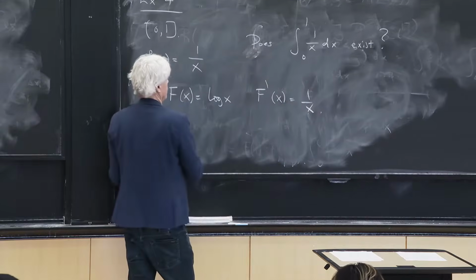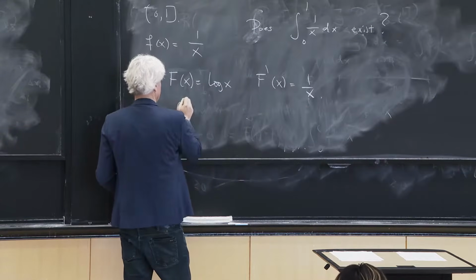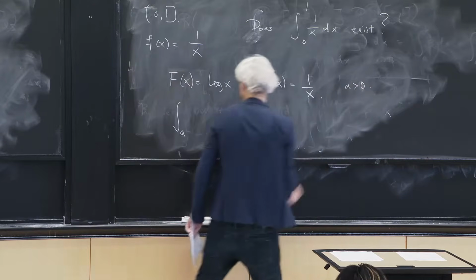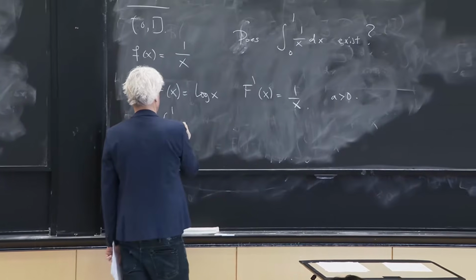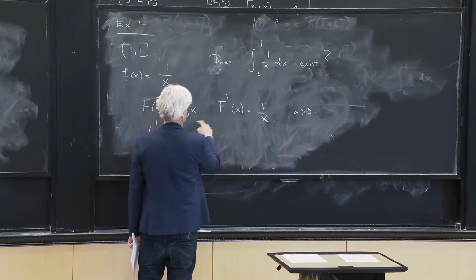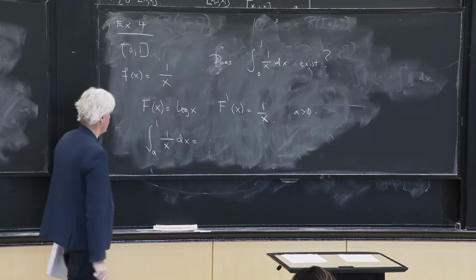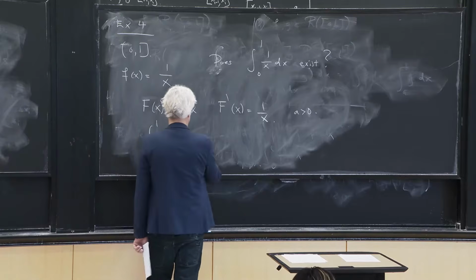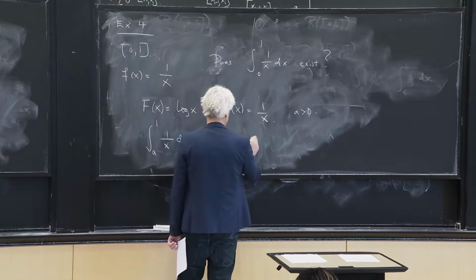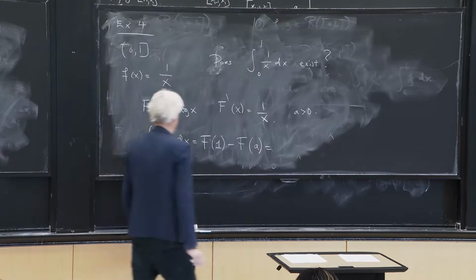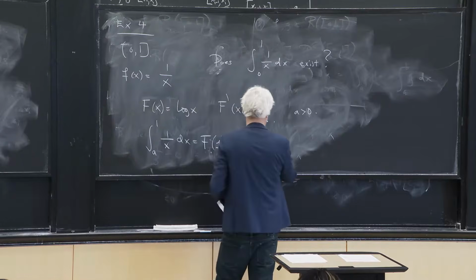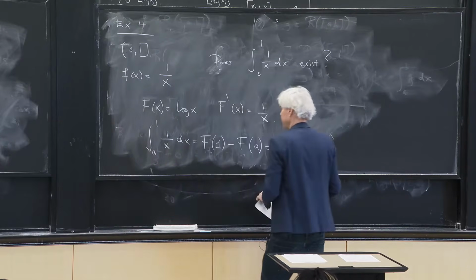So if we integrate from a, which is again strictly positive, because of the second version of the fundamental theorem of calculus, this is F of 1 minus F of a. This is log of 1, that's 0, minus log of a.